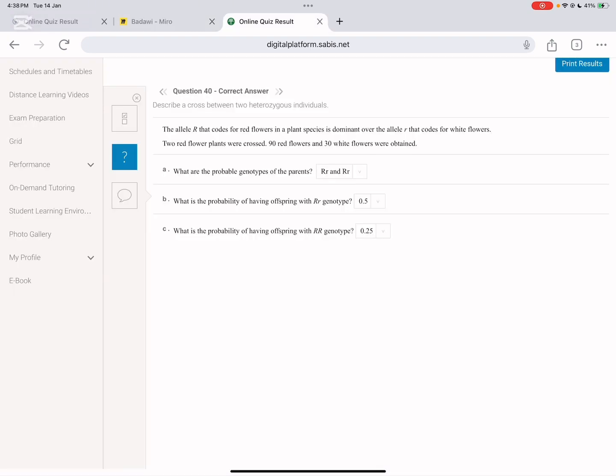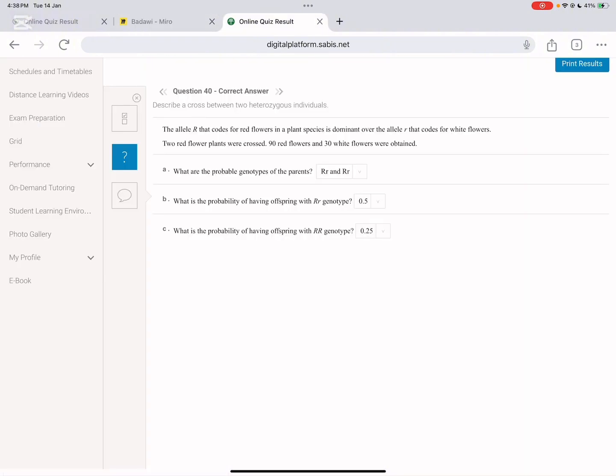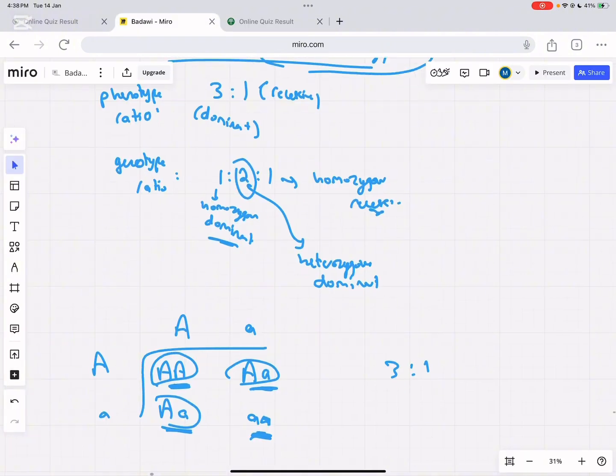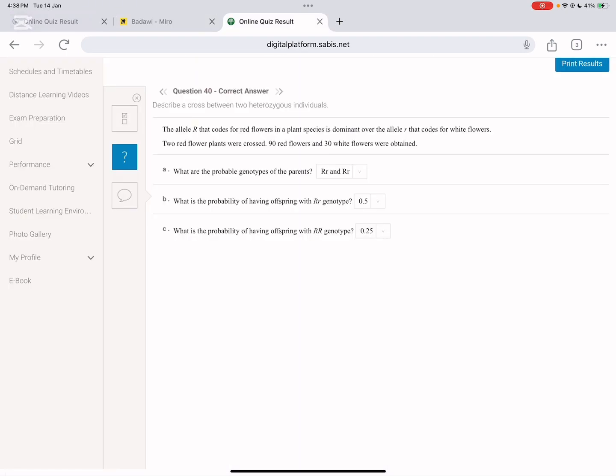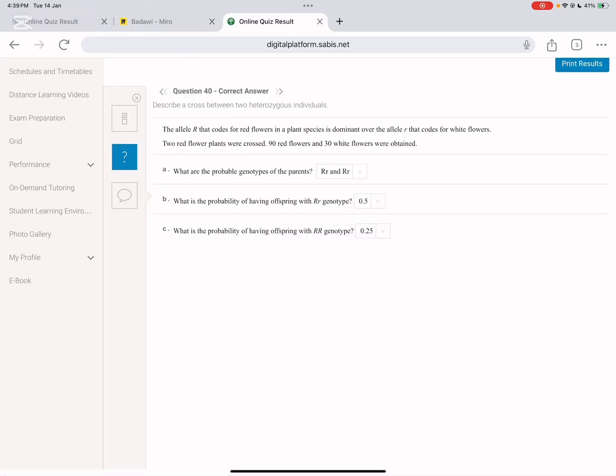So what are the genotypes of the parents? Of course, both of them will be heterozygous. What is the probability of having offspring with RR genotype? So now we look at the genotypic ratio. Heterozygous is 2, so it's going to be 50%. Then homozygous dominant, there's only 1, so it's going to be 25%, or 0.25. And homozygous recessive would also be 25%. And if we sum them all up, 25 plus 25 plus 50, I will get 100%.